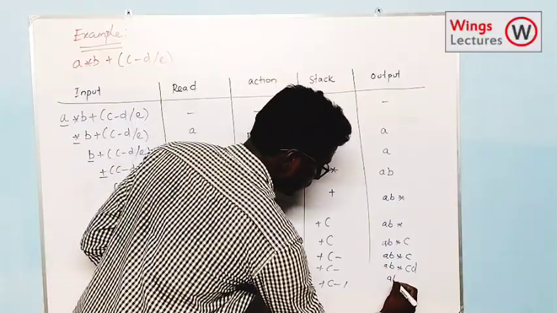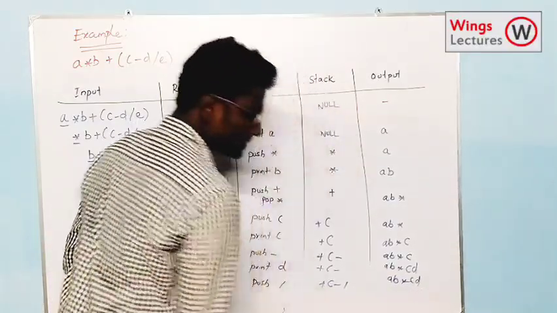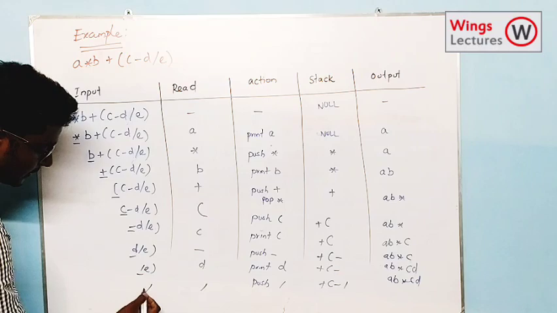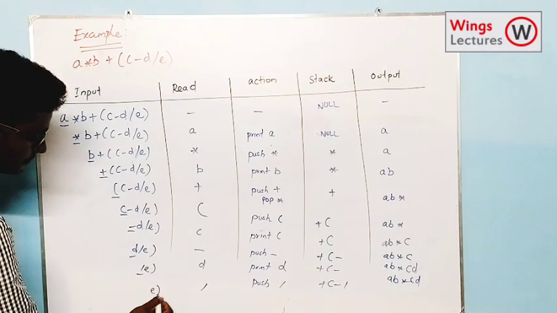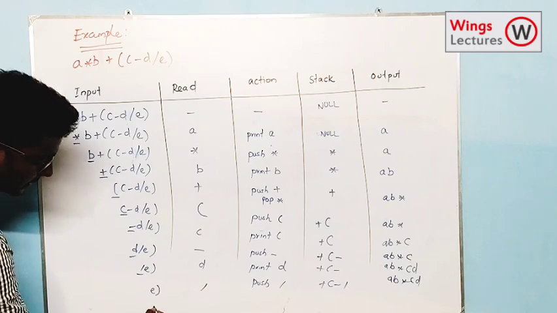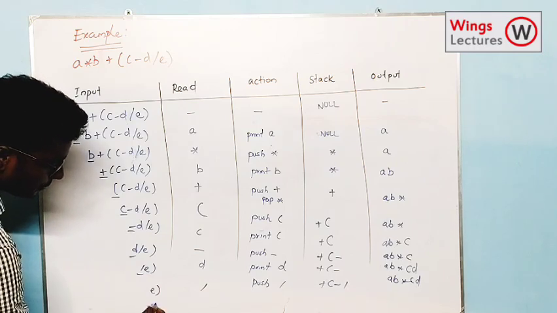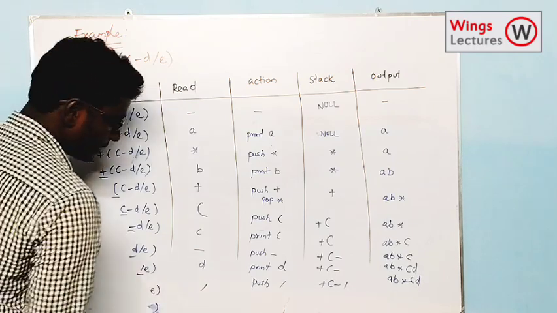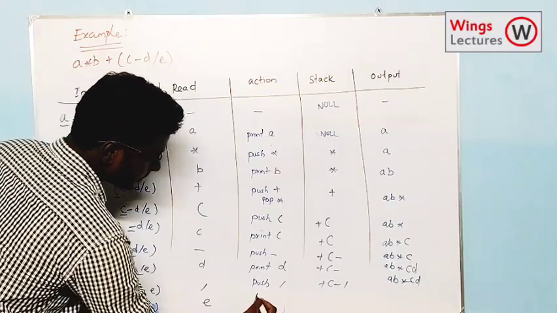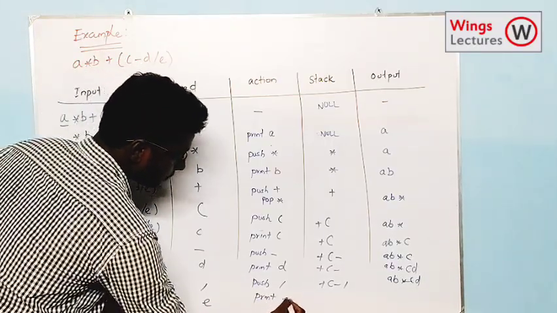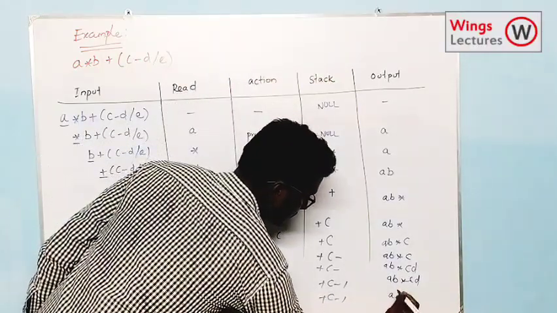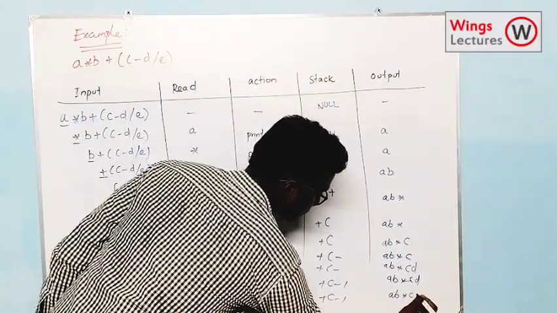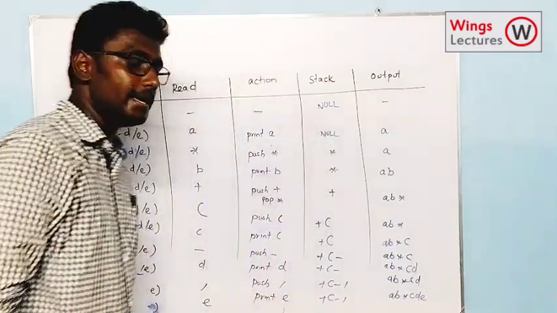The output remains the same. Then the final operand is E. I'm going to read E. It's an operand, so I have to print it. The stack remains the same, and the output will be C, D, E.